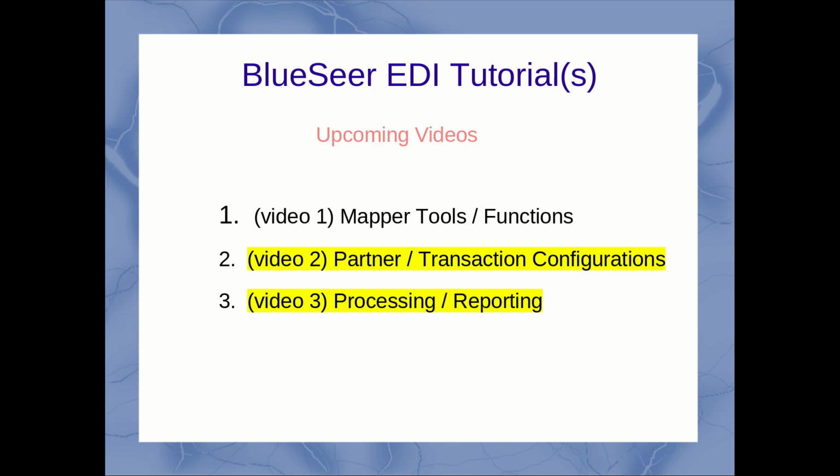So you'd have to actually create those document recognition rules so that the engine will be able to recognize that format. Then processing and reporting will be the last video, and we'll actually walk through creating a kind of production environment where you can drop your files in your import directory, run them through the translation engine, and be able to look at the outbound files as well. And then any transaction reporting, whether the transaction was successful or failures or whatever the case may be.